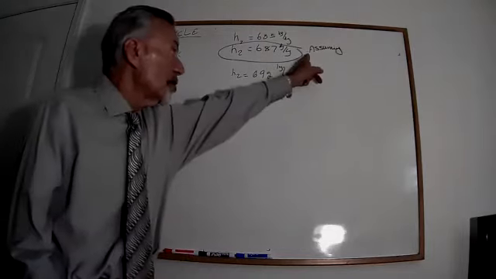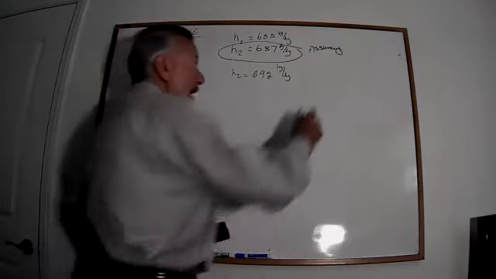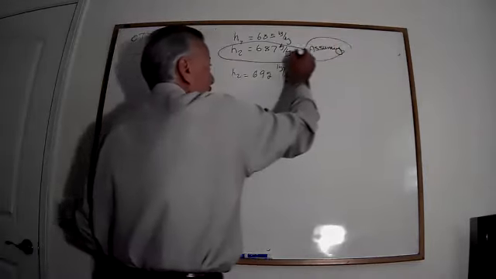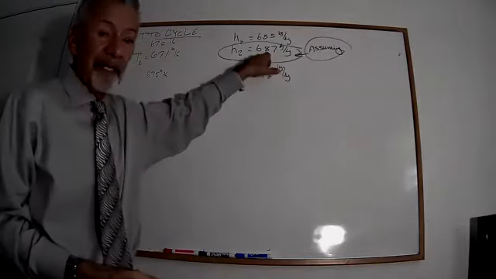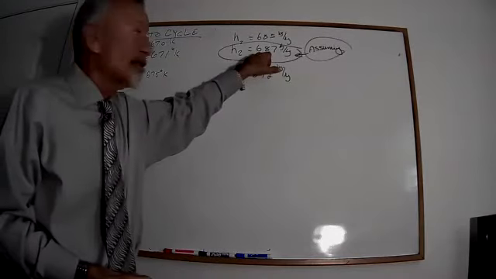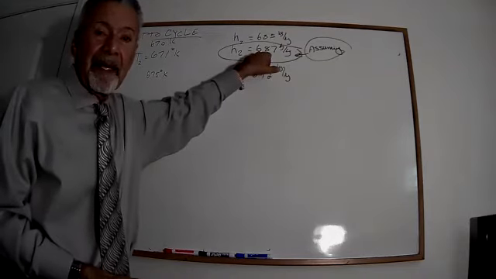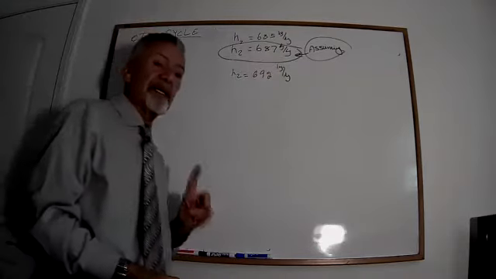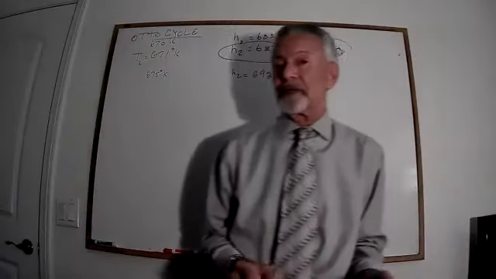However, if you don't write that you're assuming this number, you're telling me this is an accurate number. Since it's not, you're in deep trouble. So every time you make an assumption, you need to state it. This is what we do in engineering.